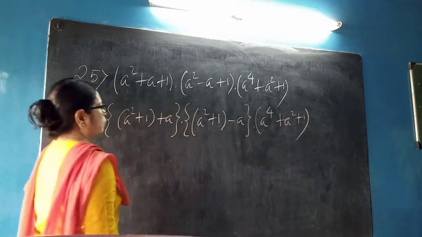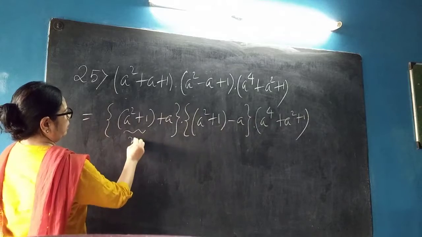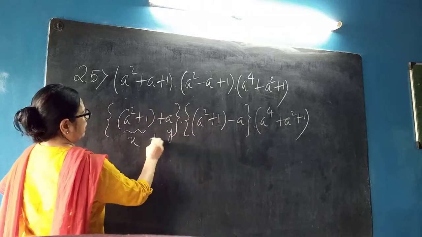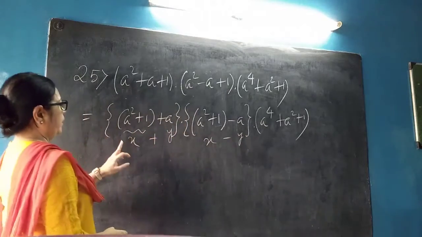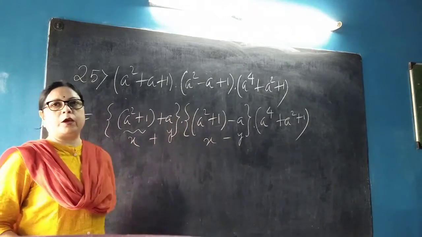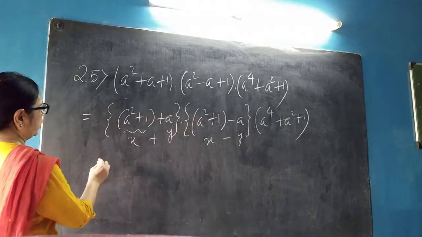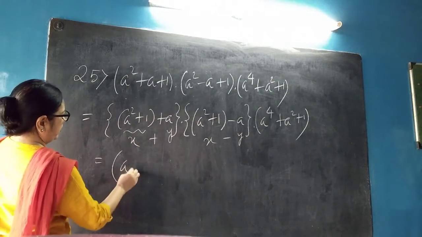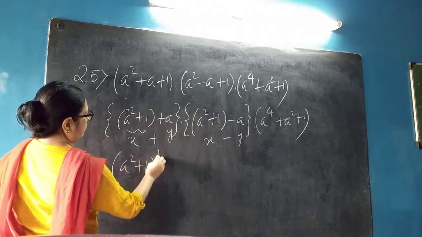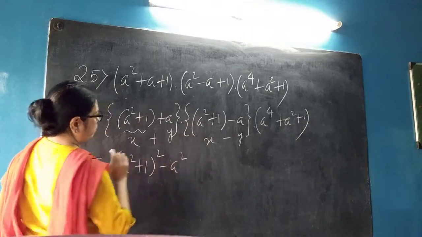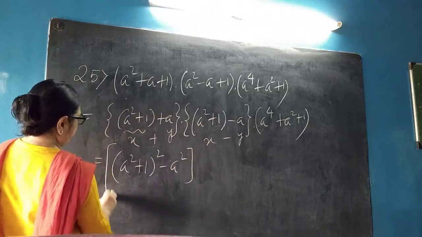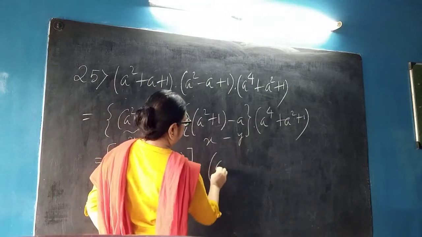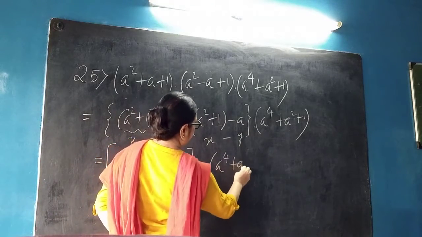Suppose it is x and it is y. It is x plus y into x minus y, formula x square minus y square. So here we can apply that formula: a square plus 1 whole square minus a square. Then I am keeping it in third bracket. Then the last term as it is.